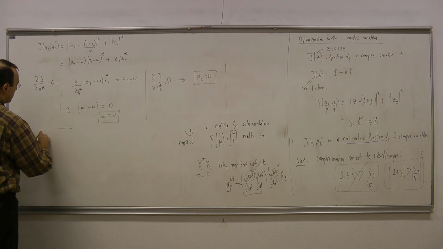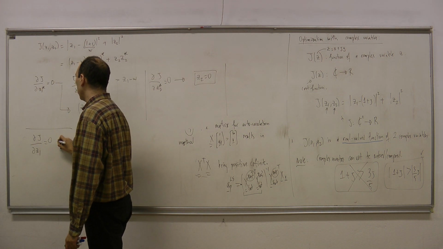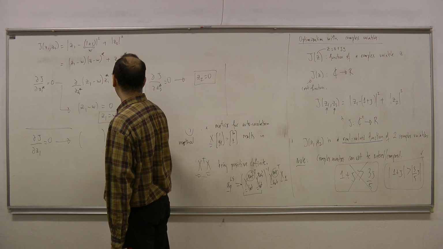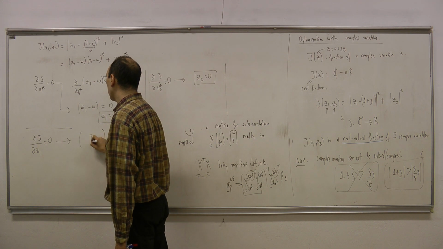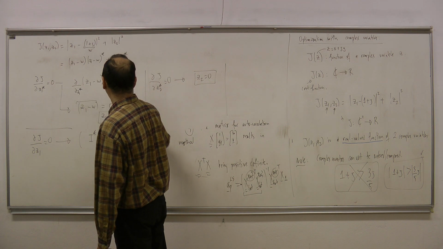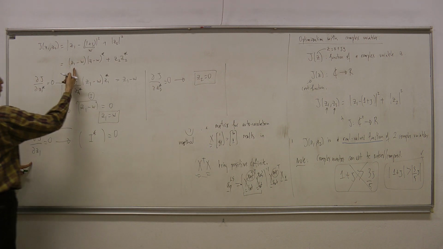If you take the derivative of this with respect to Z1 and equate to 0, so you get the conjugate of this, whatever you have, this is your first equation, let's say. So you get the first equation's conjugate is equal to 0. Okay, so this is, let's say, 1. So it's very obvious again for this one.